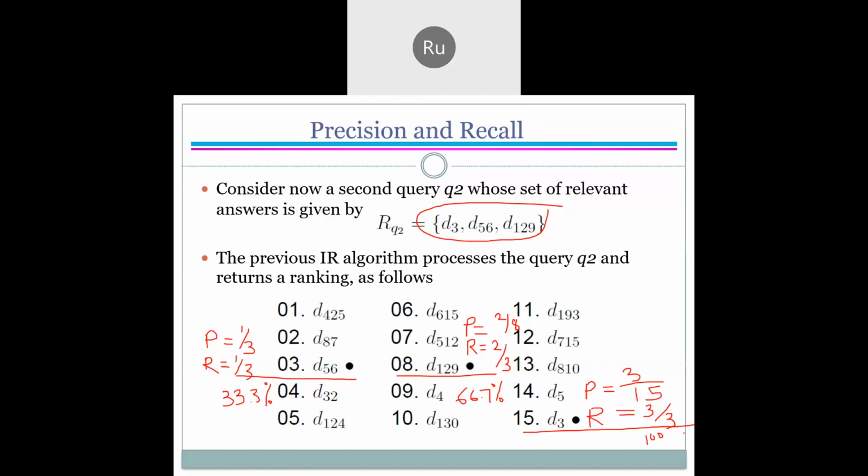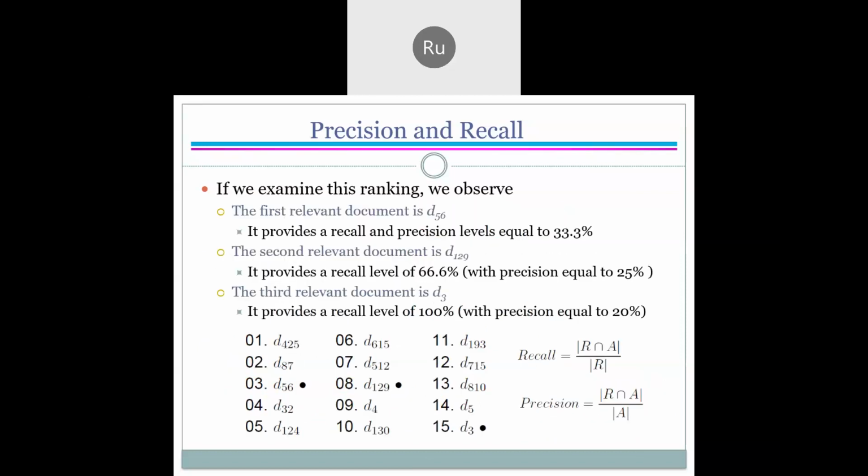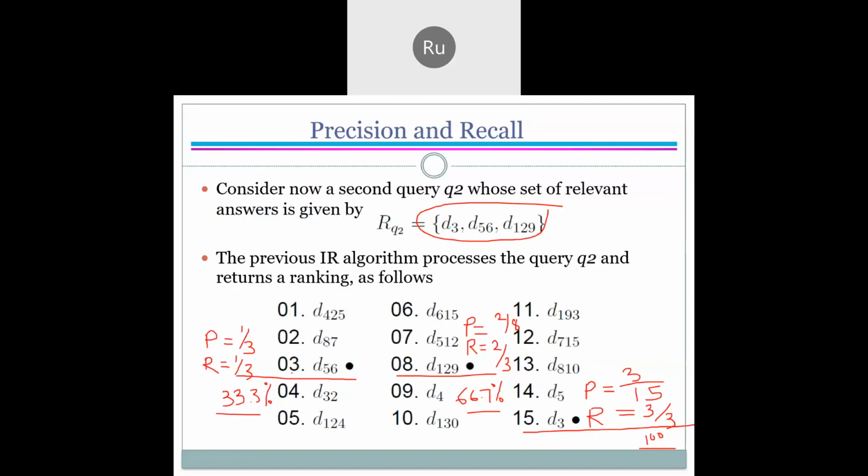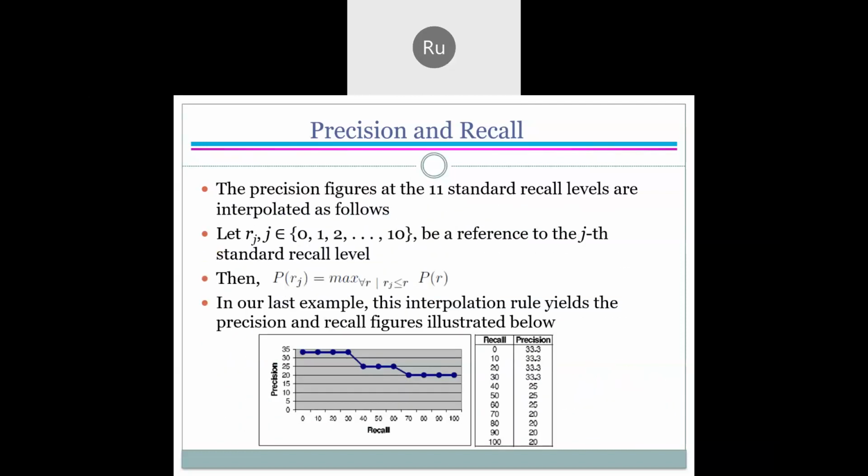So the method to plot them is that we have to look at the value for this one, and this. The first one, the recall is 33, and then this is 66 and so on.